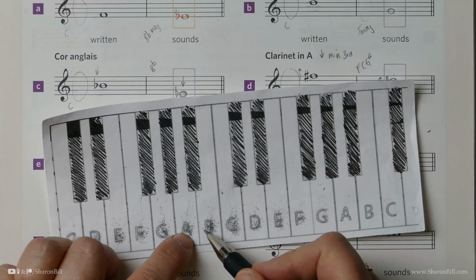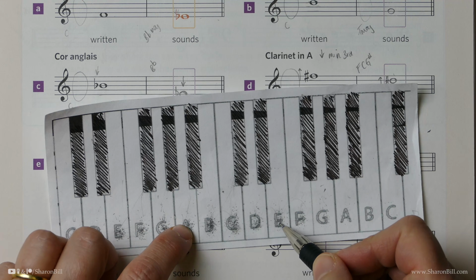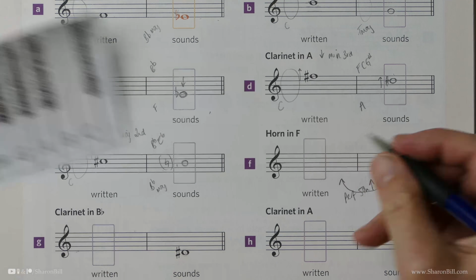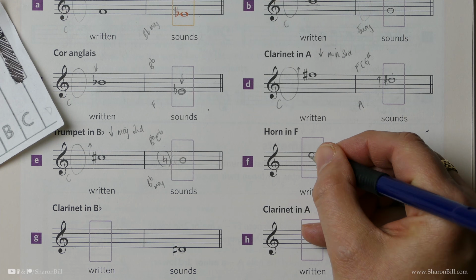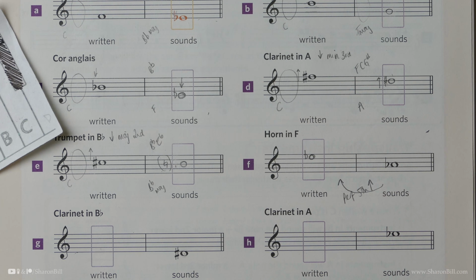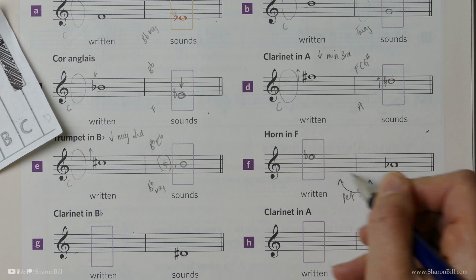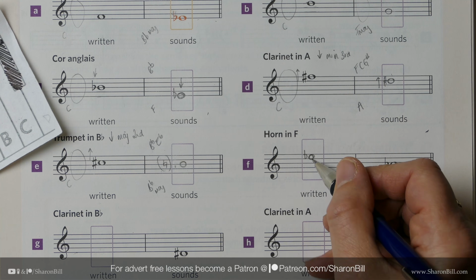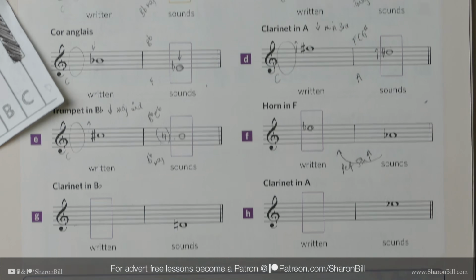So 1, 2, 3, 4, 5, A to E, or A flat to E flat. There's our perfect fifth, E flat. And when you're working backwards, it's just as simple to just work out your intervals. We know what a perfect fifth is, and so we'll just write a perfect fifth higher.